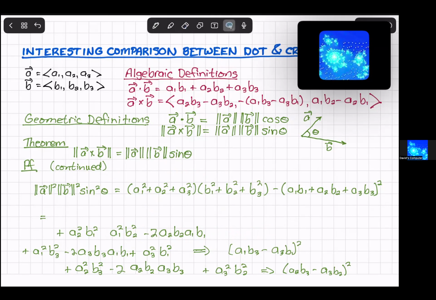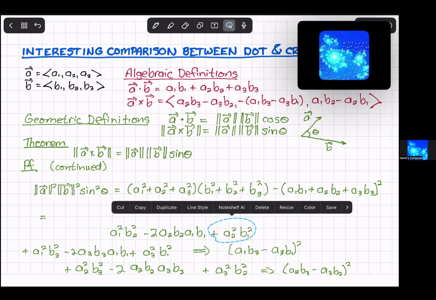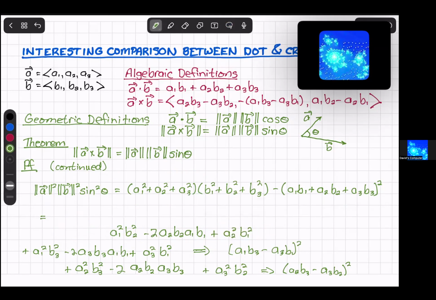Followed by A2 squared B1 squared. And this becomes A1 B2 minus A2 B1 quantity squared.